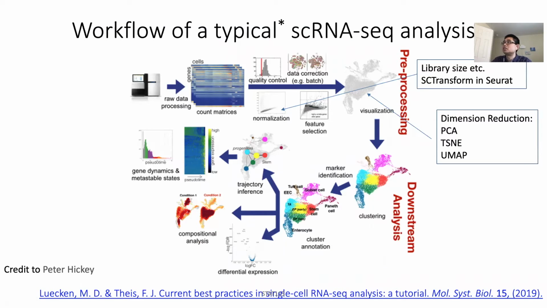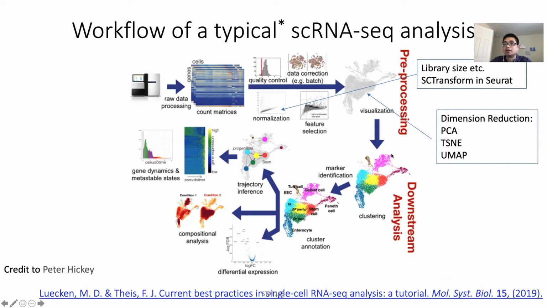Before I go to single cell ATAC-seq analysis, I want to just summarize the single cell RNA-seq analysis. This is a typical workflow. In the single cell RNA sequencing lectures, you also see this slide.